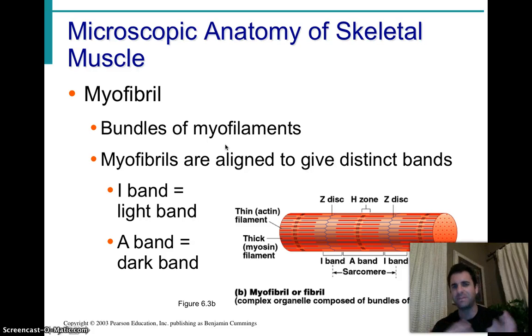And the arrangement of these myofilaments, specifically actin and myosin, give each myofibril a distinct pattern or coloration, segments of light and dark. The light band we call the I band, and the dark band we call the A band. And you can start to see those here. Here's the A band. This region here where you see red is the dark band, and this region where you see the blue is the I band, or the light one.